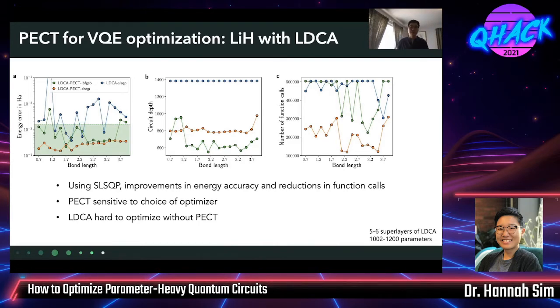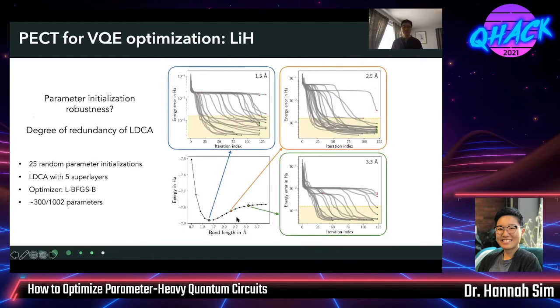And so to make sure that these great results we obtained using PECT weren't just out of pure luck, I took 3 different bond lengths in the potential energy surface. And for each point, we ran 25 independent optimization runs to make sure a lot of these runs can achieve energies below chemical accuracy.